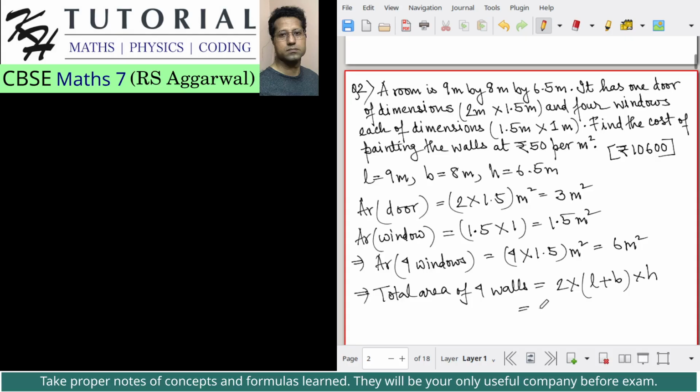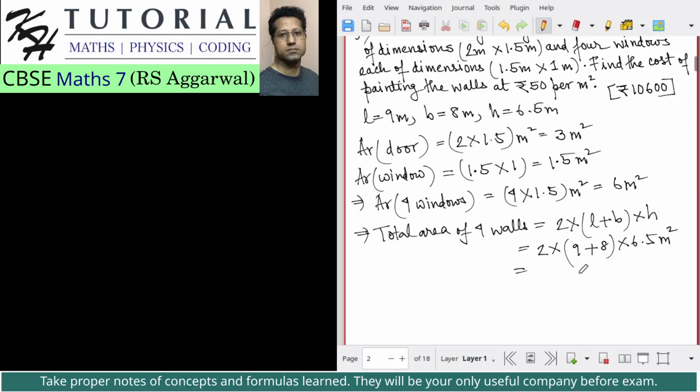So we have 2 multiplied by (9 plus 8) multiplied by 6.5 meter square. 9 plus 8 is 17, 17 times 2 is 34. So 34 multiplied by 6.5 meter square.